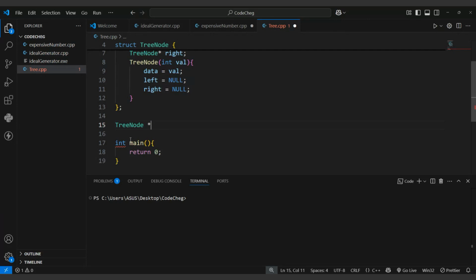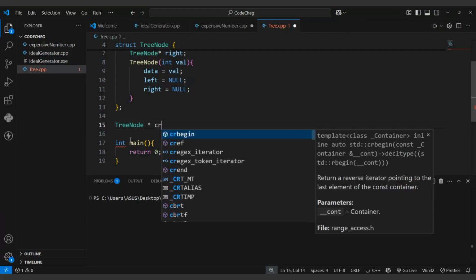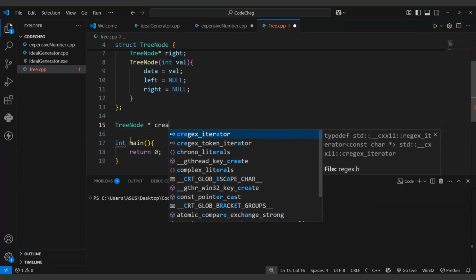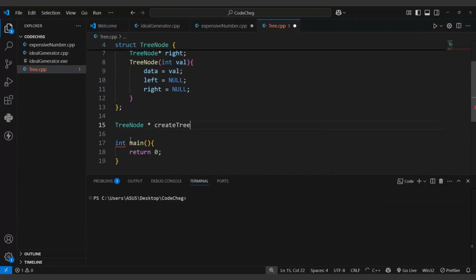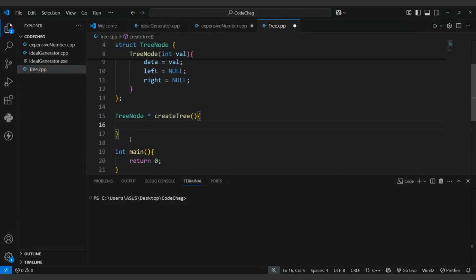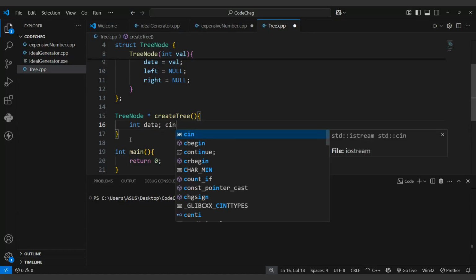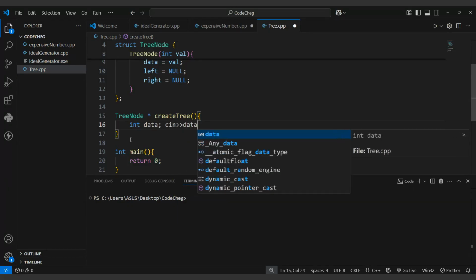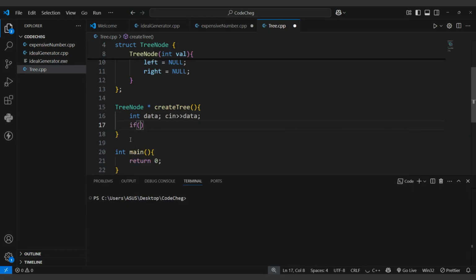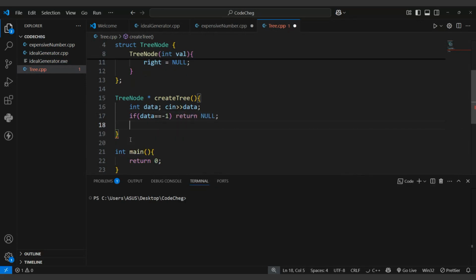The function name is create tree, and it expects nothing. Now we take the data input, and if we see that data is -1, simply return null, because it is a dead end.